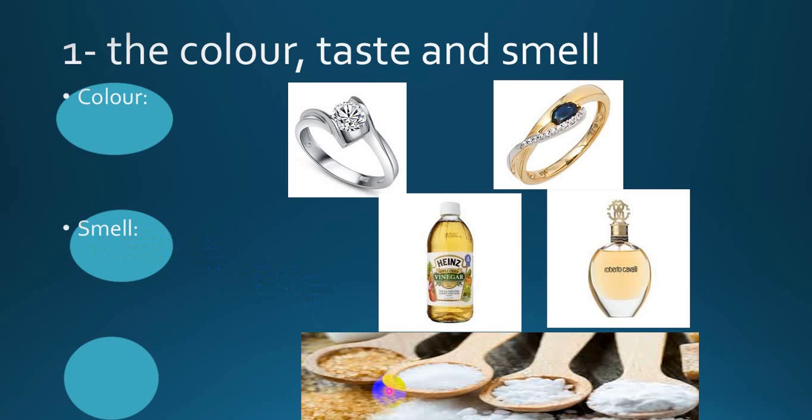Here I have the third example. I have a spoon of sugar, flour and salt. If I use the color property to differentiate between them, we can't, because they have the same color.